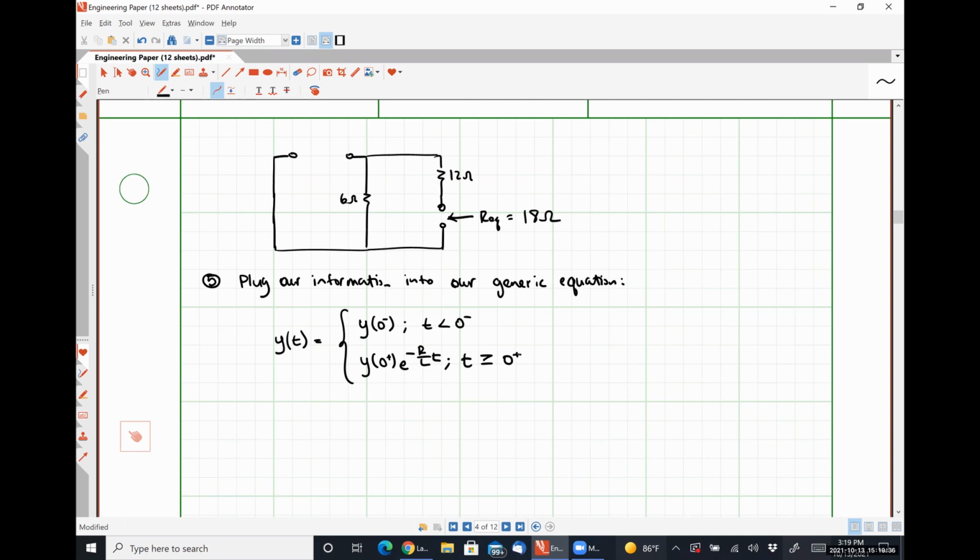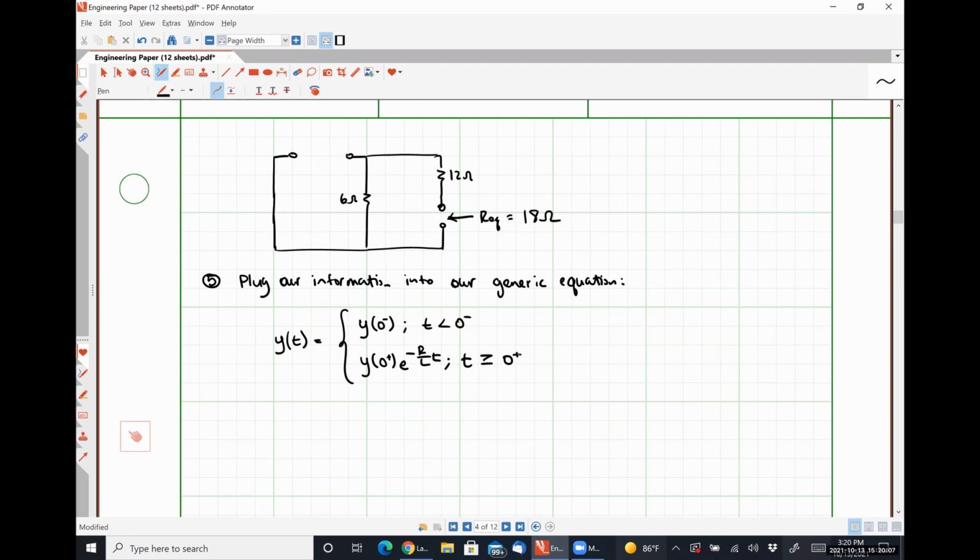We derived that exponential bit earlier, and we showed that y at 0 plus is just the initial condition on the system, okay? So it's nothing different than what we did at the beginning of the class, but I'm making it apply more generically. The reason I'm doing that is that we derived that equation specifically for the inductor current only, but it has to apply to every other component in the system, okay?